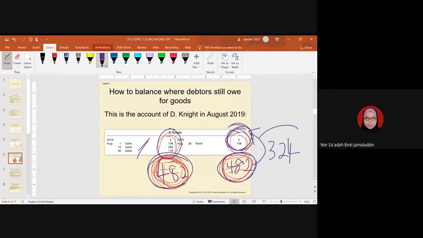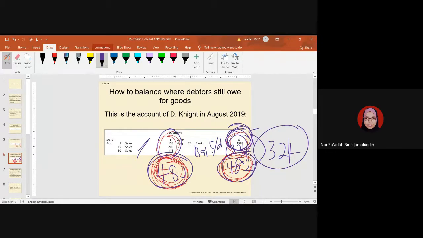This is the difference. Okay, the difference amount that needs some treatment in order to balance the debit side and the credit side. So here 324. You should record it here, 324, and must rename this amount the balance carried down.